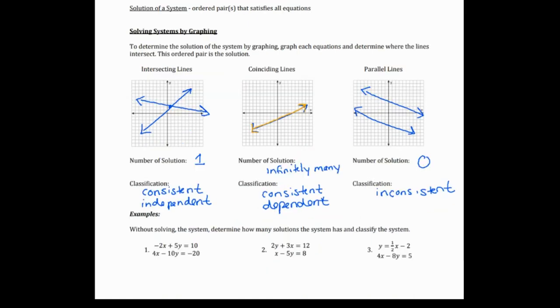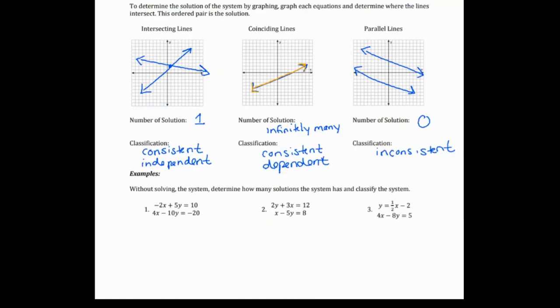So if I wanted to determine just how many solutions I have, I don't actually have to go about solving the entire thing or even graphing the entire thing. Let's take a look at this first example. If I look at this first equation, I can simply manipulate it into y equals mx plus b, slope-intercept form. I would add 2x, divide by 5, and find an equation of y equals 2/5 x plus 2.